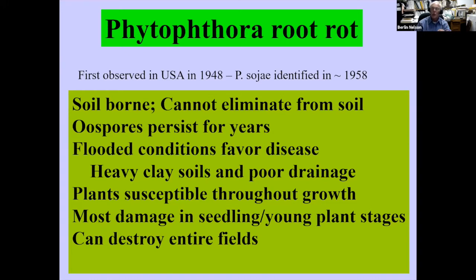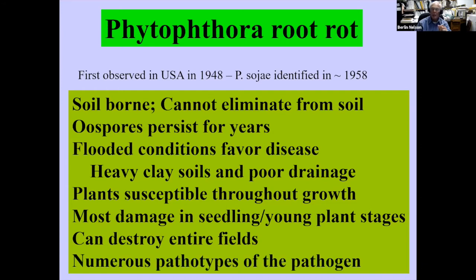And this has the ability to destroy entire fields. And it has happened here. And of course, we have the other characteristic that gives this a real fit, and that is we have numerous pathotypes of this pathogen. And I'll talk about that.